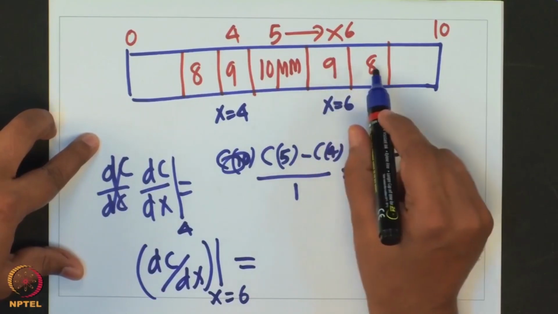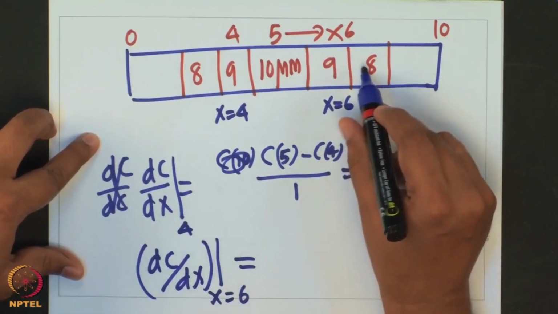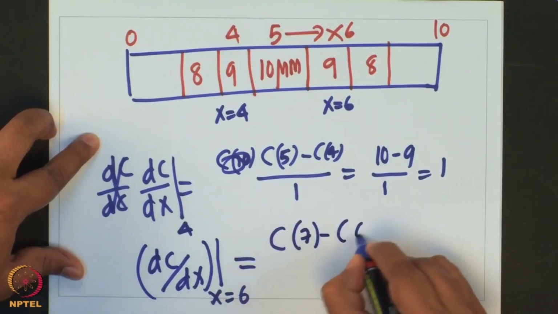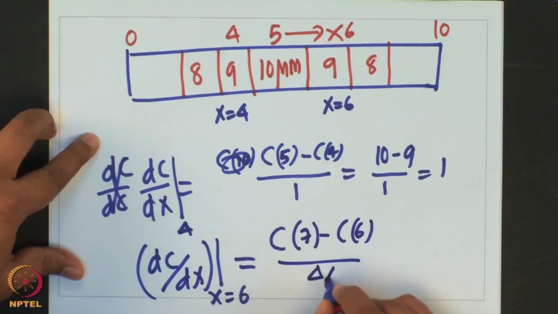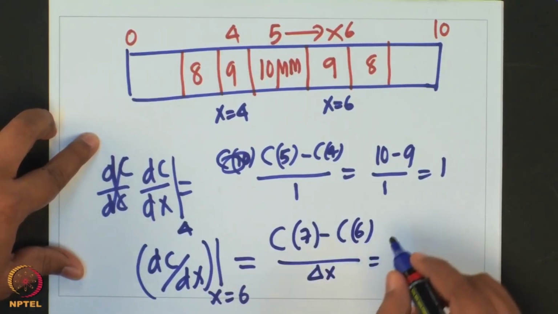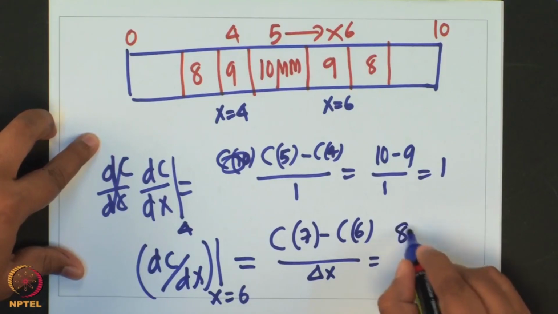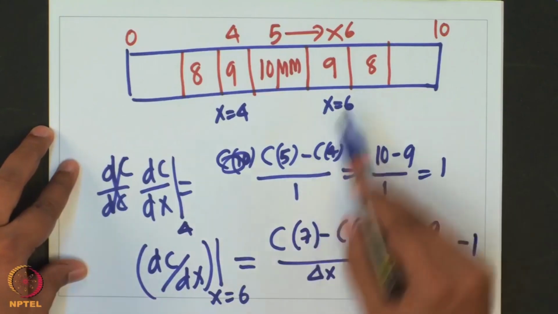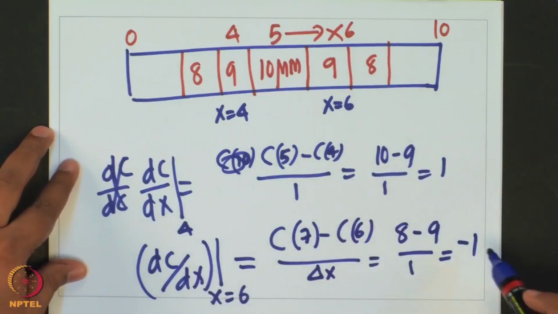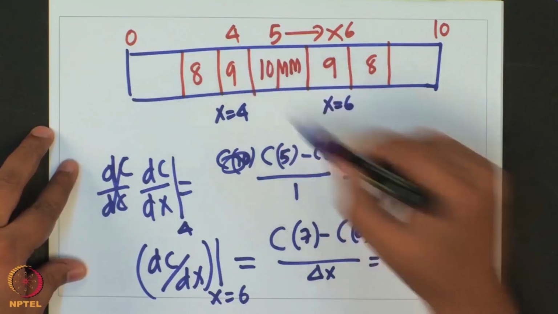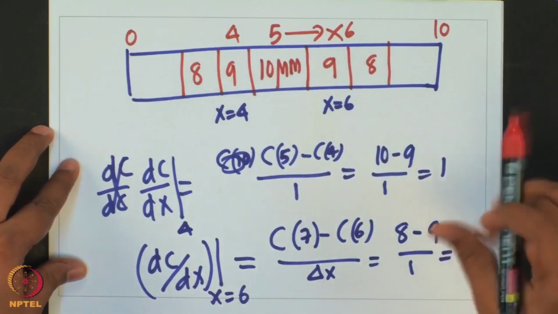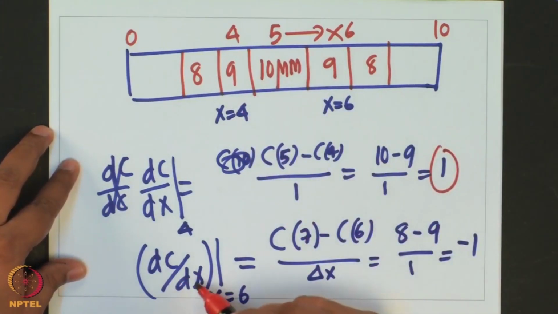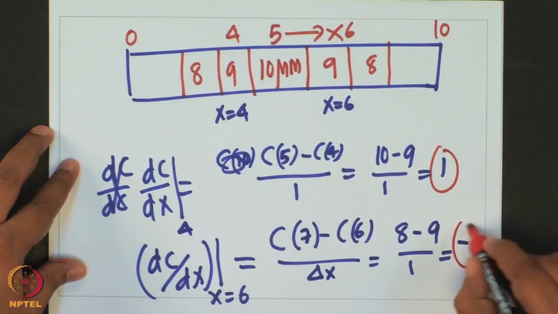If I calculate here, this is 8, the concentration at x equal to 7 minus the concentration at 6 divided by delta x, which is 1. And if I do this, I would get 8 minus 9 divided by 1, and the answer is minus 1. So the concentration gradient at x equal to 4 is plus 1. The dC by dx at x equal to 6 turns out to be minus 1.